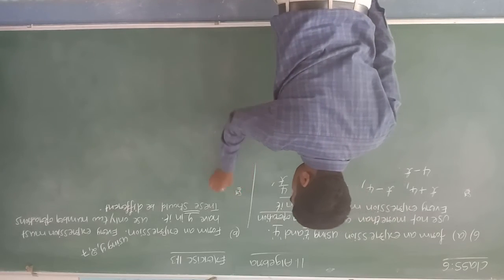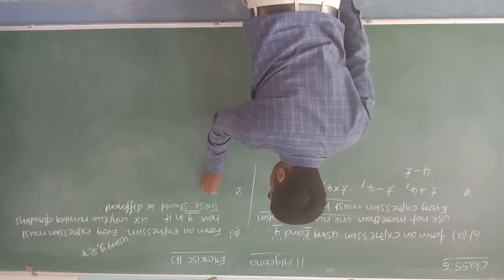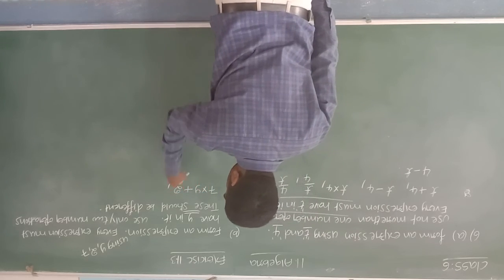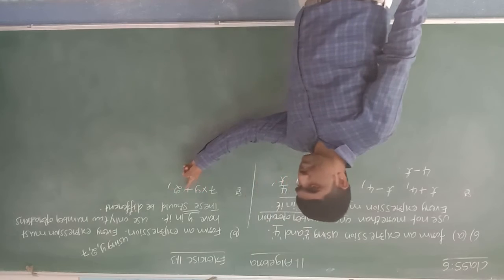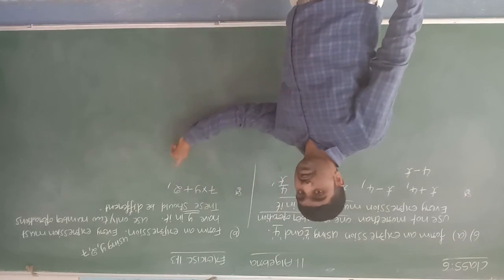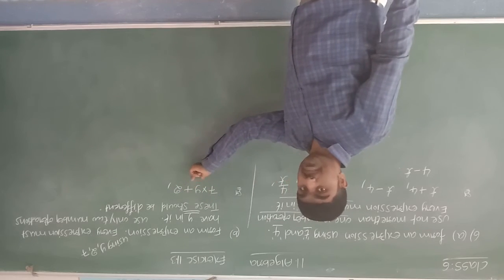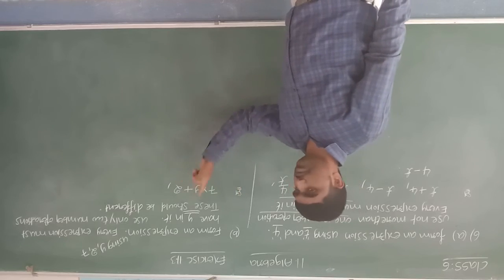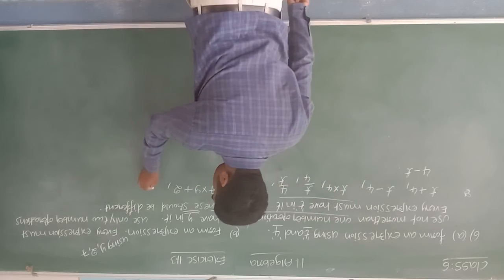Let's see a solution. Let's write here 7 into y plus 2. Yes, here I took 2 operations. It is one expression which also contains y and it is formed by 7, y and 2. Like that you can write as many as you want.